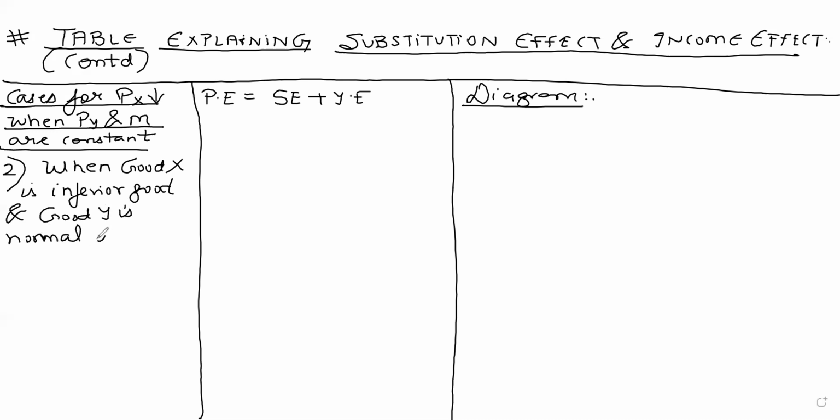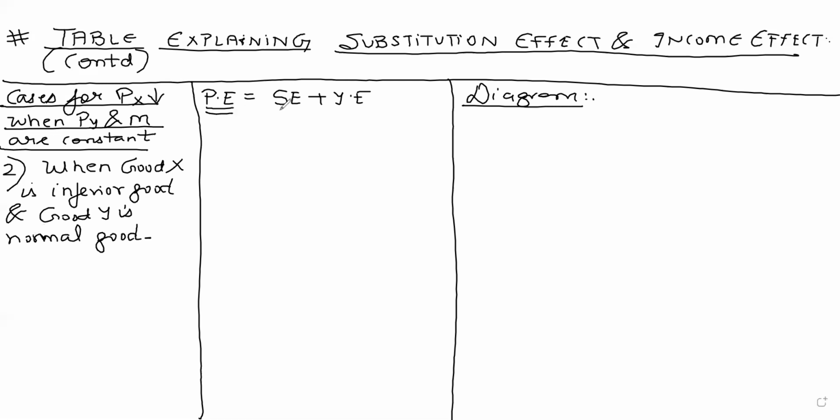So let's look at this case. Good X is an inferior commodity, good Y is a normal commodity, and I want to bifurcate the price effect into substitution effect and income effect when price of good X is falling, keeping price of good Y and income constant.